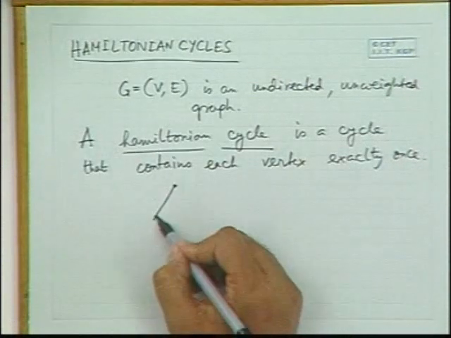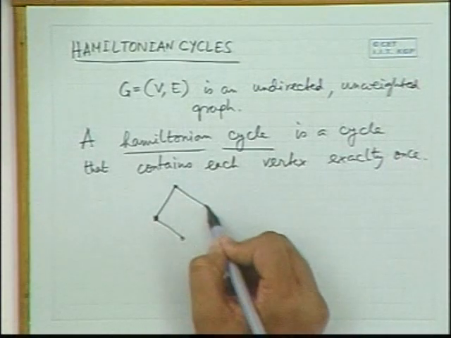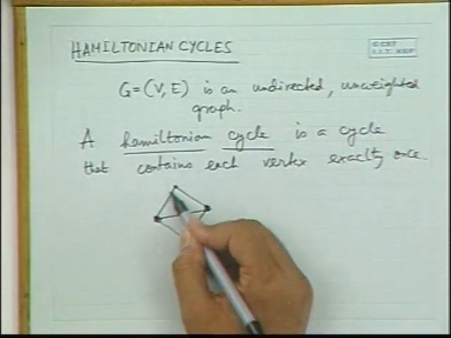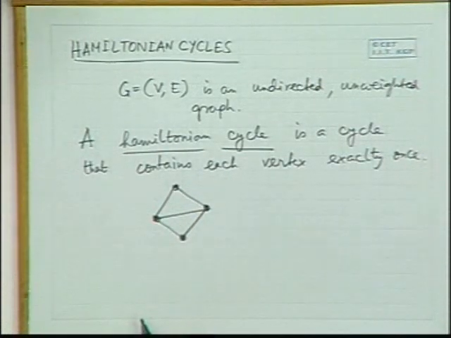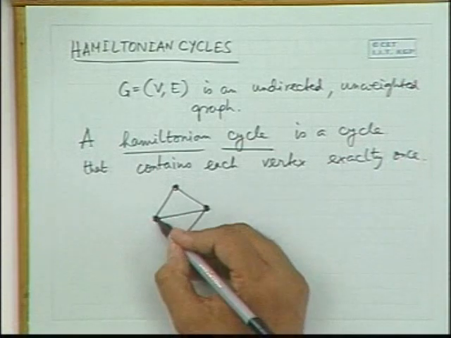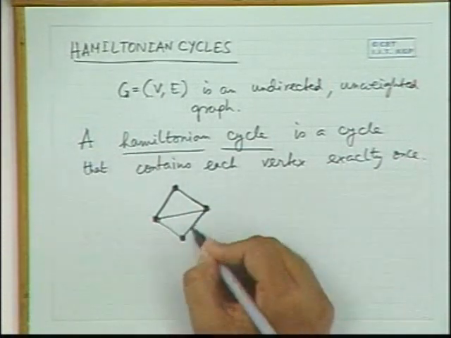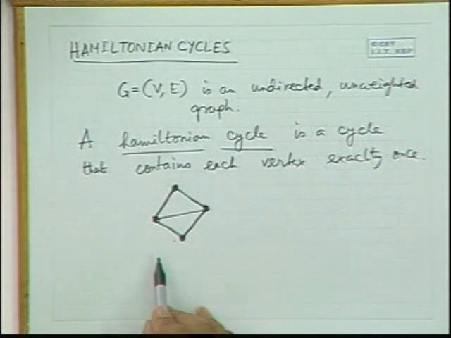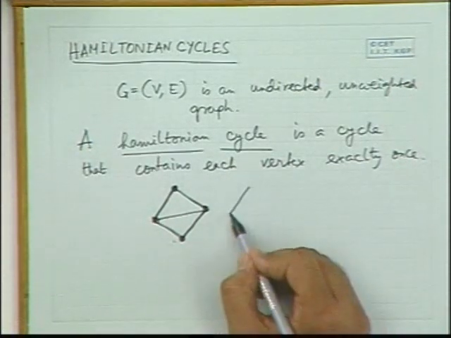So suppose I draw this. This graph has a Hamiltonian cycle. Consider this cycle. This cycle has these four vertices exactly once. But let us see this graph.